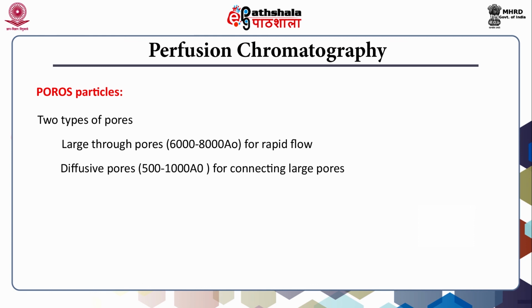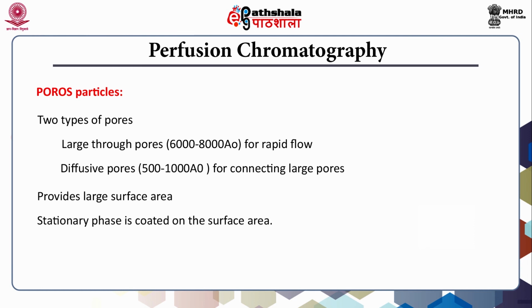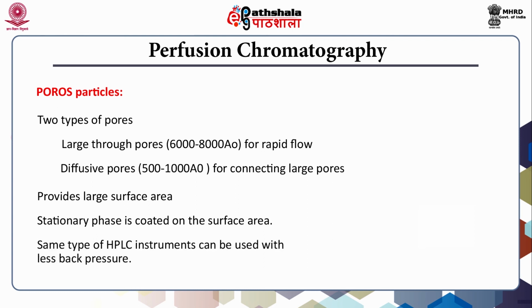This is very important, because mathematically we can prove in the coming slides that there is no effect of flow rate on the theoretical plates. These pores provide large surface area, and a stationary phase is coated on that surface area, and the same type of HPLC instruments can be used with less back pressure that we discussed just now.